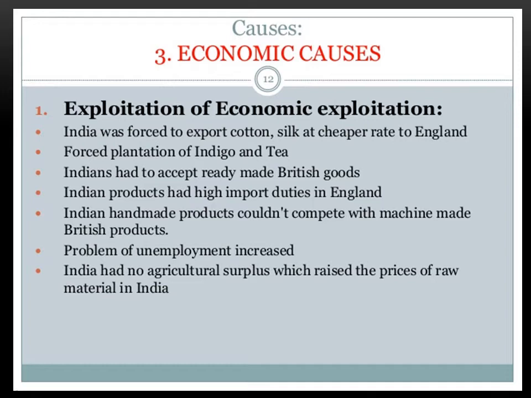India had no agricultural surplus, which raised the prices of raw material in India. Agricultural surplus means the extra amount beyond the consumption of the Indian people, which is traded, sold, or even exported. So there was no surplus, and because of this situation, prices rose for Indians.